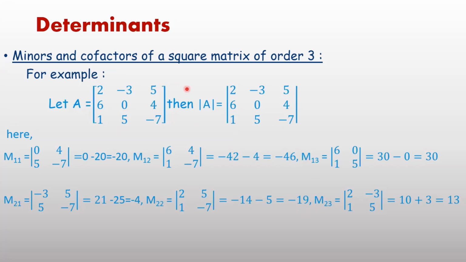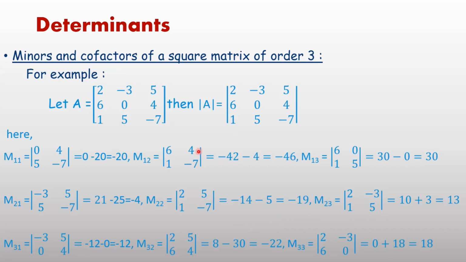M23 means second row third column. So delete second row third column. What remains? 2 minus 3 1 5. Value is 13.